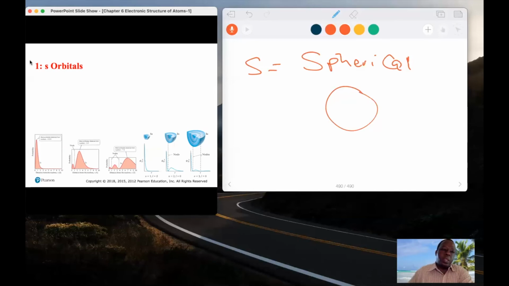This is just a probability of finding an electron for 2s, the 3s. I will not ask you to draw the spatial for 3s, 2s. But what I want you to know is the shape of all s orbitals, whether it is 5s or 4s, they all have a spherical shape.